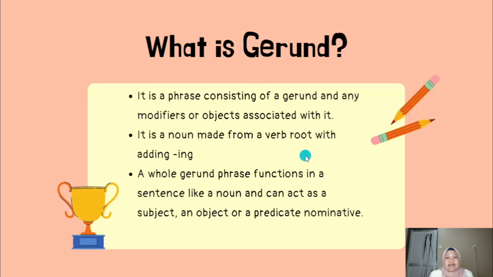So that is the example of the verb root. So next, what else? What is gerund other than these two?